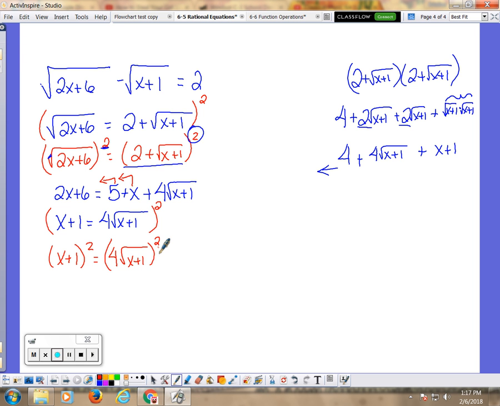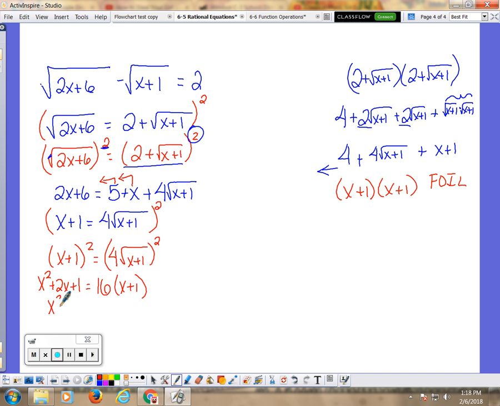When I square this parenthesis over here, just like over here, that means write it down twice and FOIL. So when you do that, that's x squared plus 2x plus 1 equals. When I square this 4 right here, that's 16. When I square this radical symbol, that's just x plus 1.